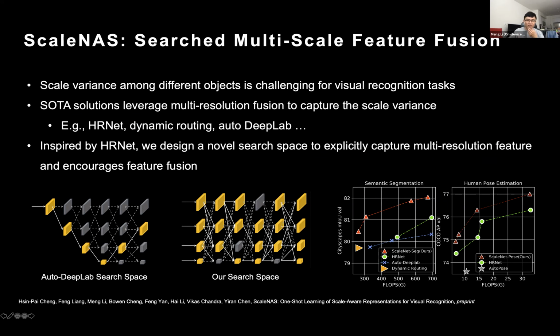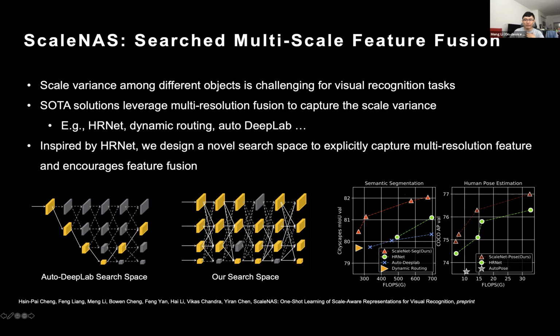Compared to the previous search space, we have the following key features. First, our search space includes parallel branches to simultaneously extract multi-scale features. And we also have the cross-scale branches, which can encourage the feature fusion for features of different resolution.